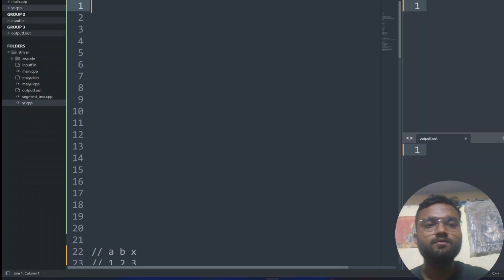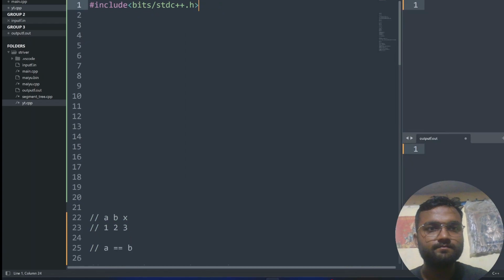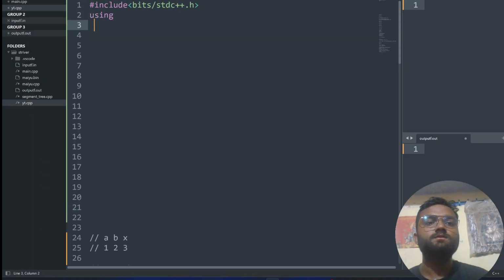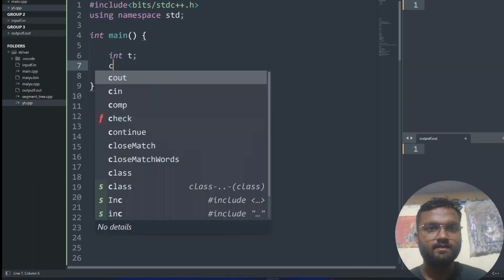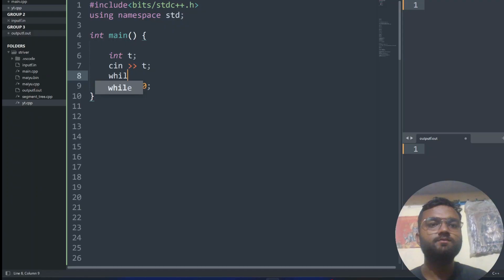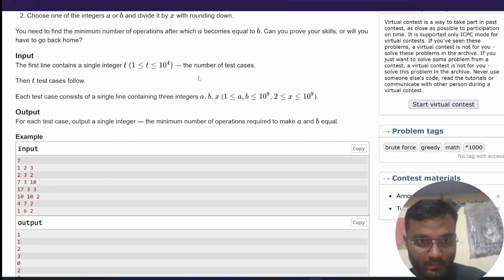Let me first include the libraries, bits/stdc++.h, using namespace std. In the main function we return 0, we have t test cases, taking the input and calling the solve function to solve this.